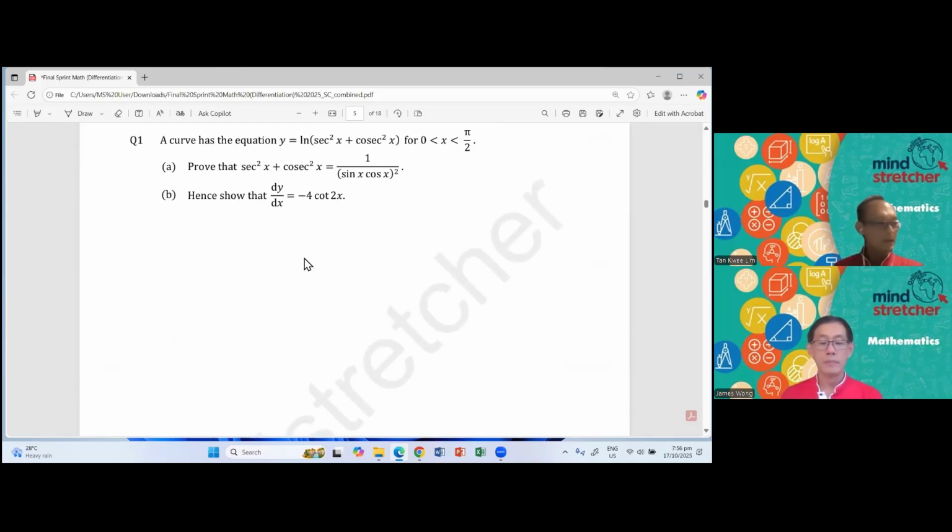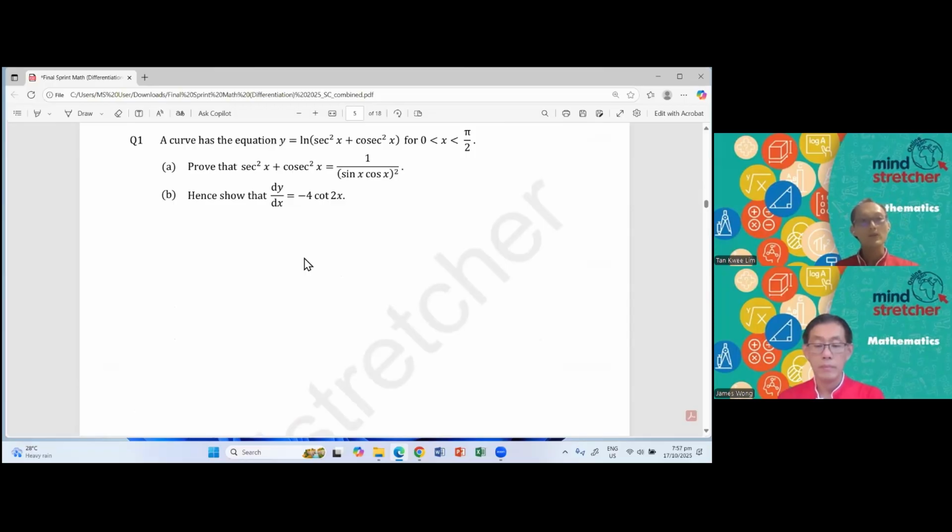Okay, so this question here: a curve has the equation y equals ln of secant square x plus cosecant square x, for 0 less than x less than pi over 2.